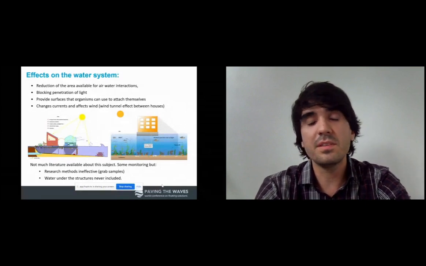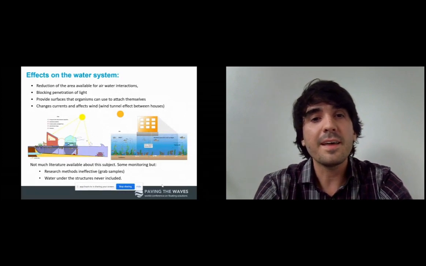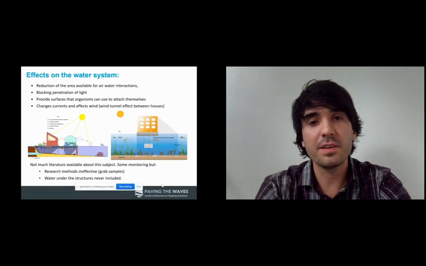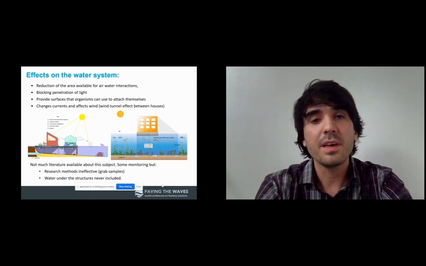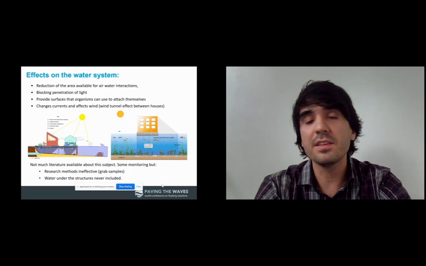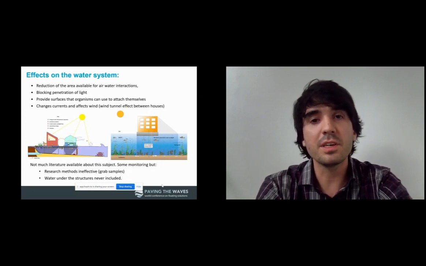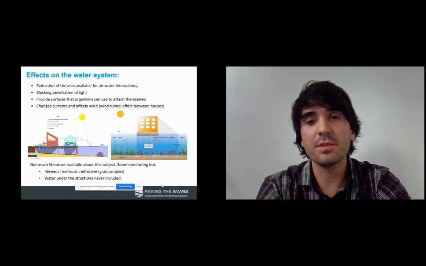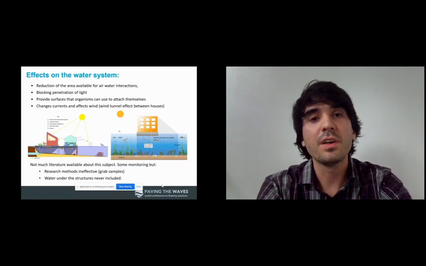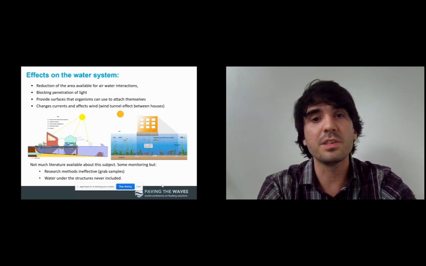There has not been much literature available about this, but more and more new works are coming up, especially now because in the Netherlands there are big plans for floating solar construction, so large-scale floating panels on the water. Because of that, there are many more researchers addressing this topic at this moment.